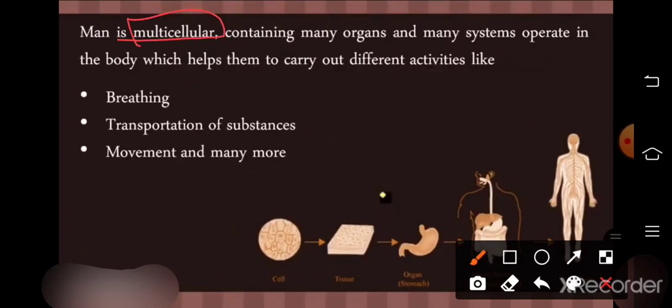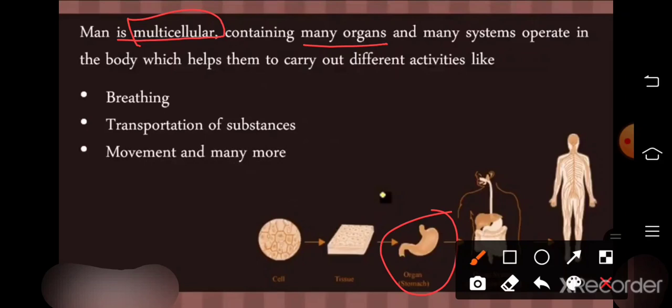Multicellular organism means made of more than one cell, containing many organs, like you can see in the picture: stomach, eye, skin, these are the organs, and liver, kidney, etc.